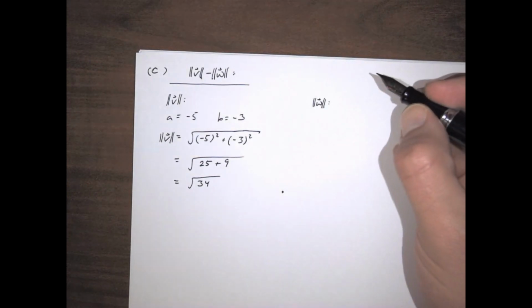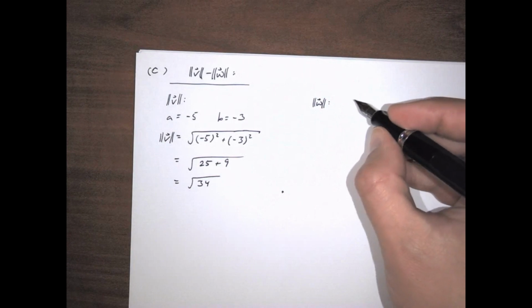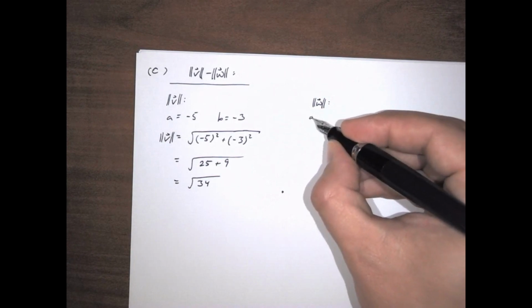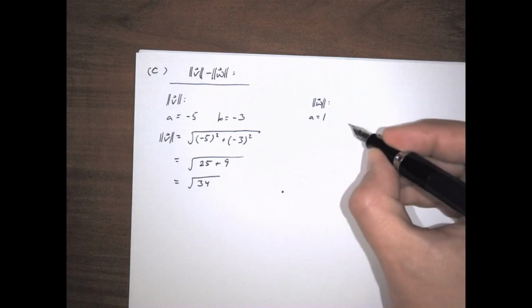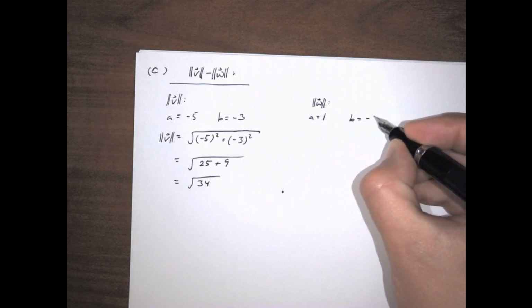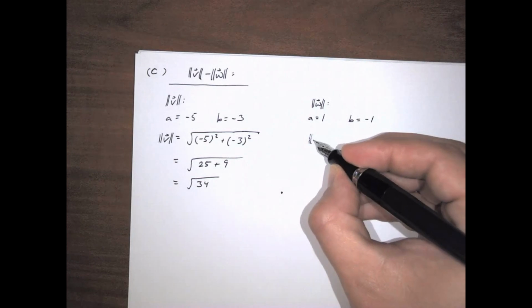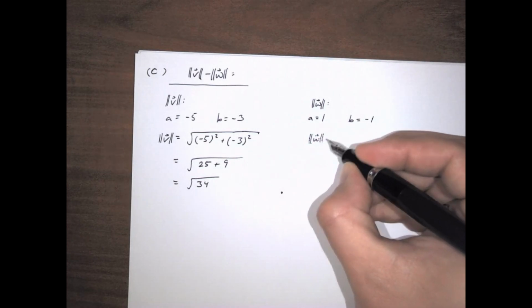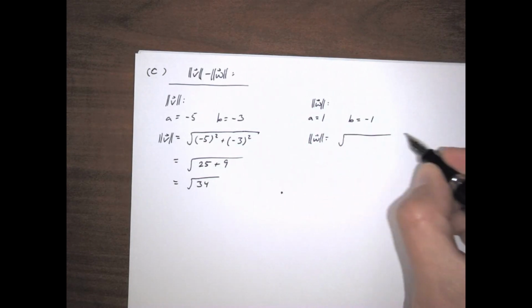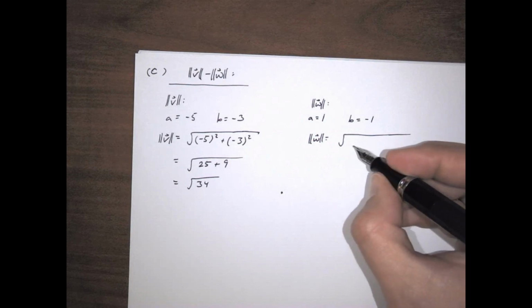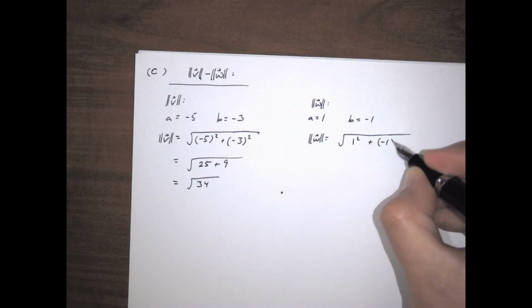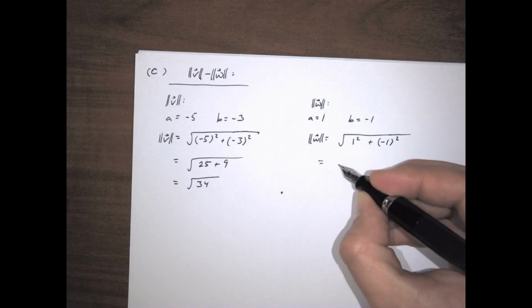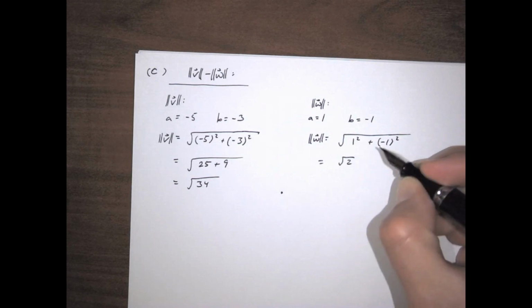Now as for W, looking back at our original W, that gives us an A of 1, B of -1. So then the magnitude of W is equal to the square root of 1 squared plus -1 squared, which is equal to the square root of 2.